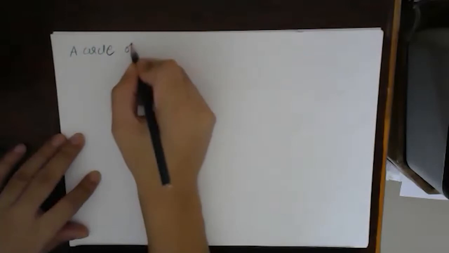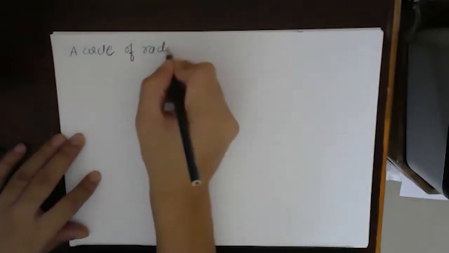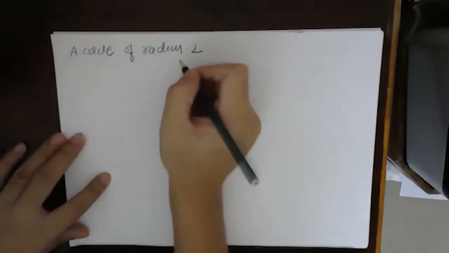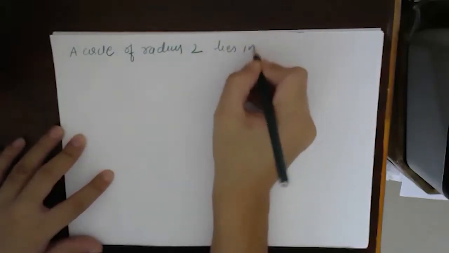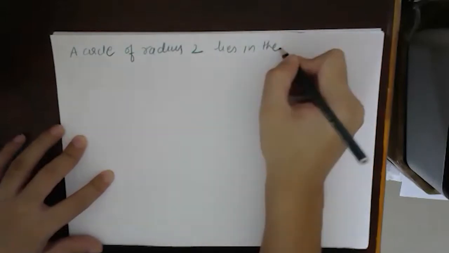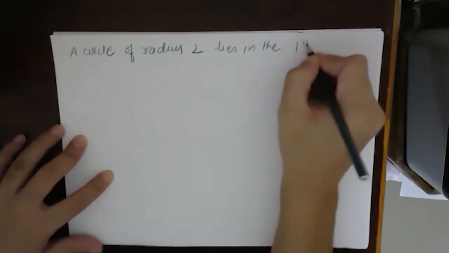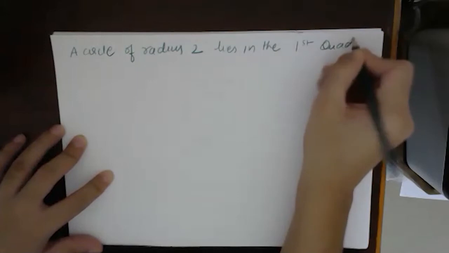The question given is: a circle of radius 2 lies in the first quadrant and touches both axes of the coordinate.